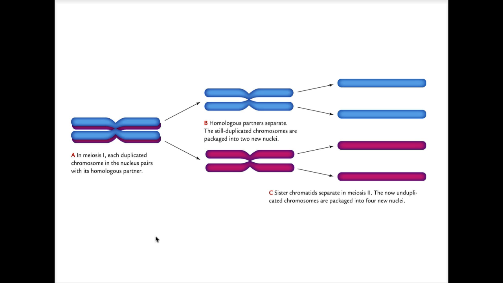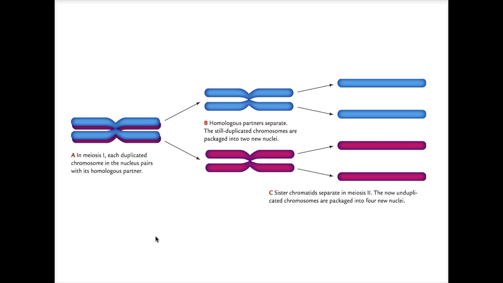So in this illustration and throughout this presentation, the genetic material that is blue is from the father, and the genetic material that's pink is from the mother. Now recall, before cell division can occur, or in essence, it's probably better to say nuclear division because we're dividing the genetic material, we have to double our genetic material.